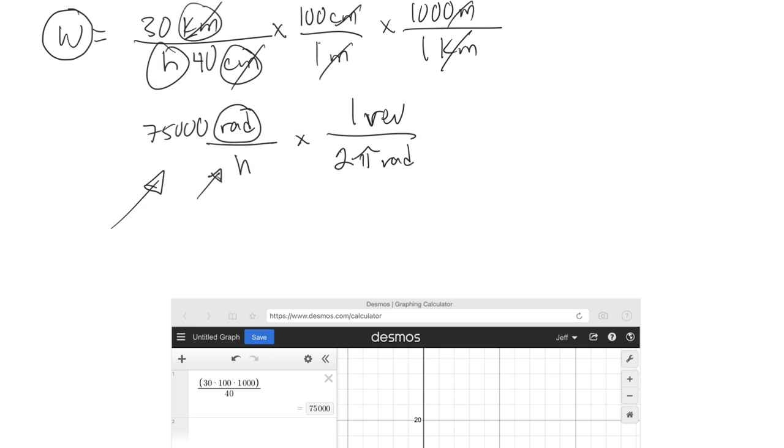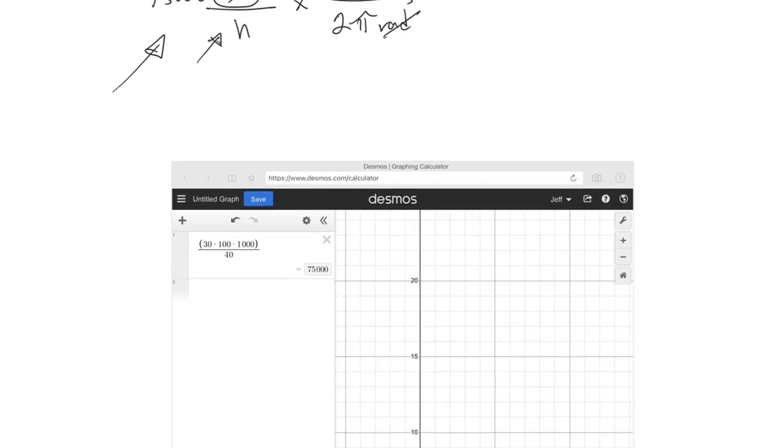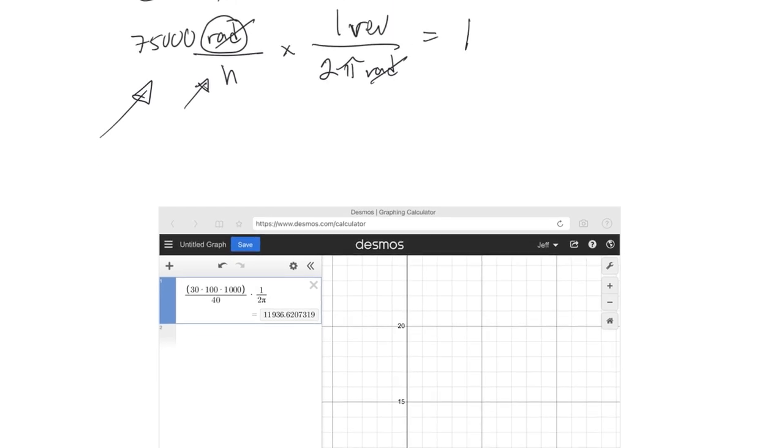So this would cancel out the radians, and so if I took that number I had before and multiplied it by 1 over 2 pi, that number there, 11,937, call it, would be how many revolutions the tire would make in 1 hour.